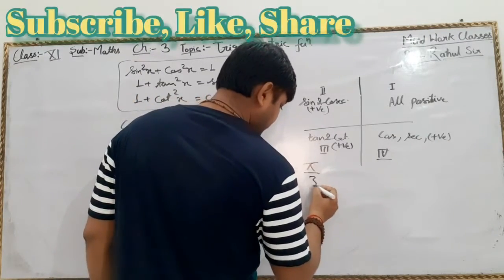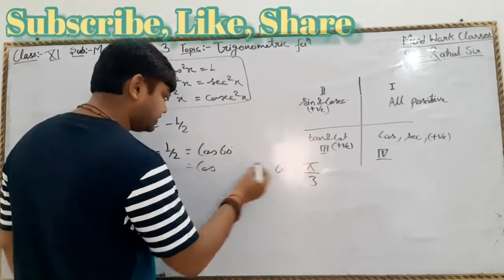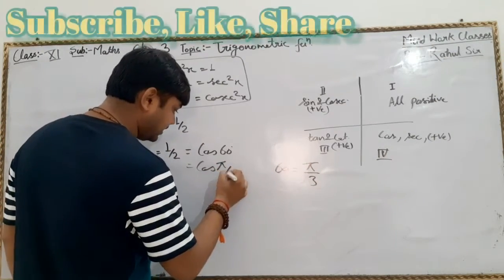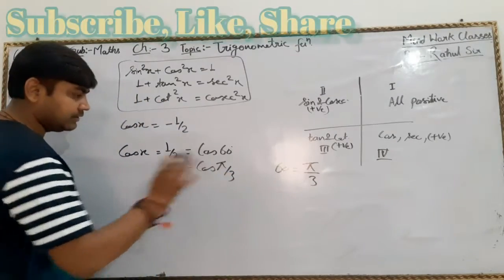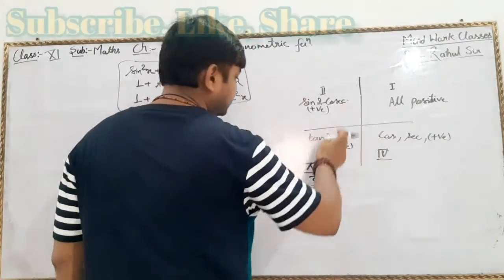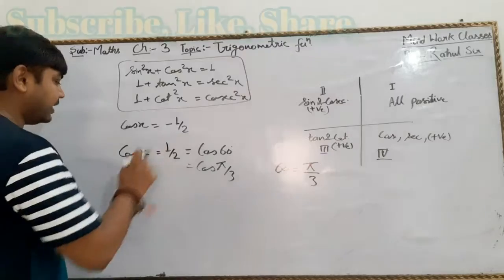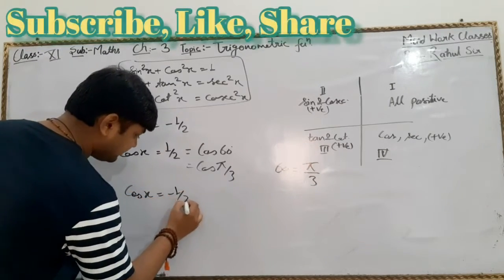Pi by 3. Okay, so you can write 60 degrees as pi by 3. So this will become cos pi by 3. Now, because you are in the third quadrant, the value of cos x is equal to minus half.